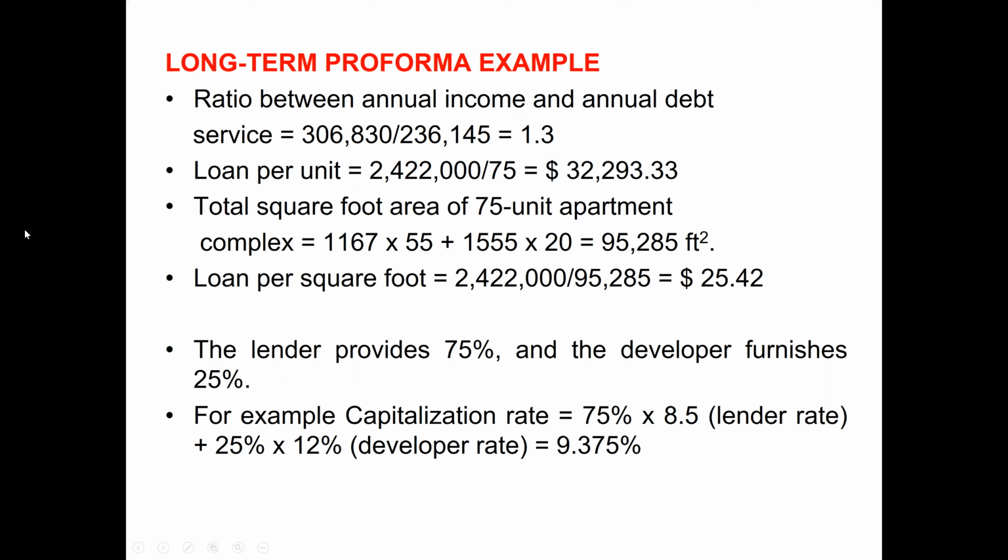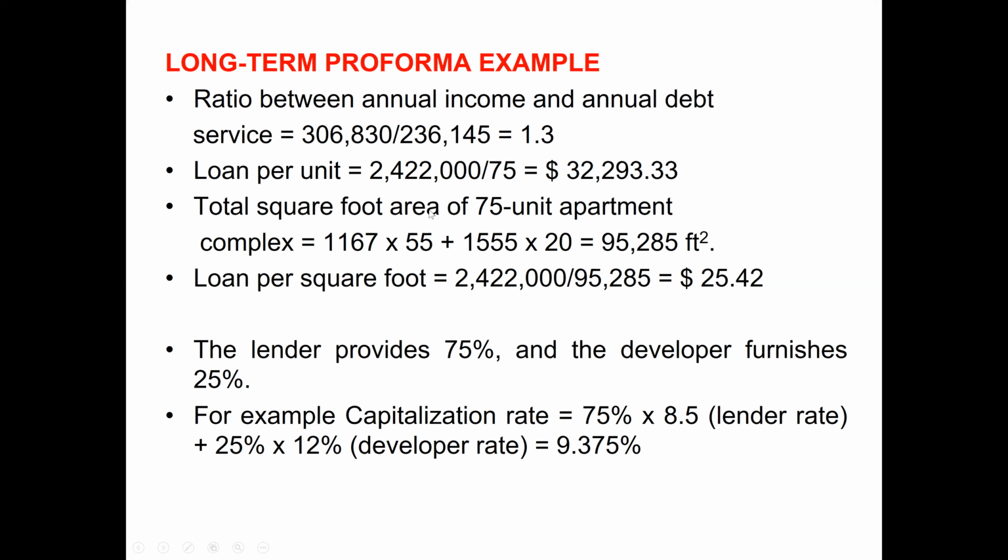If we want to calculate the loan per unit, we can divide the total loan of 2,422,000 by 75 apartment units, so per unit, for one apartment, it is 32,293.